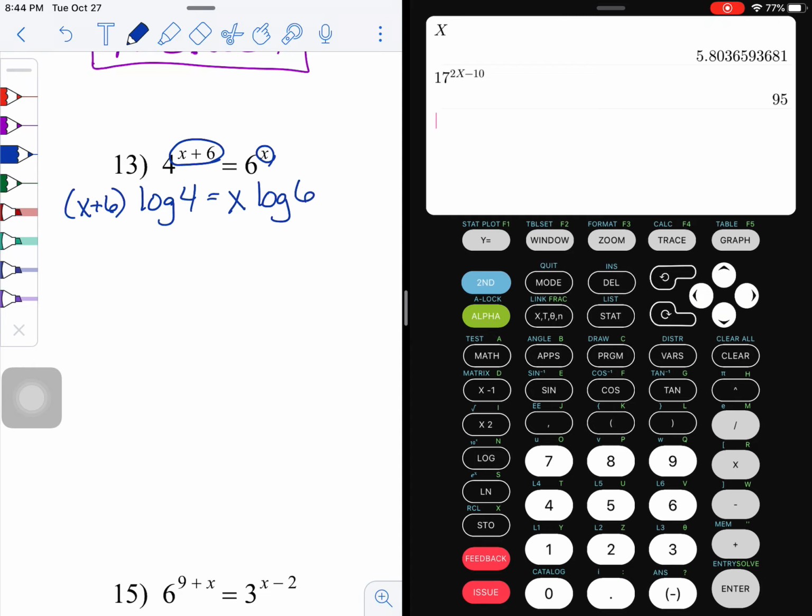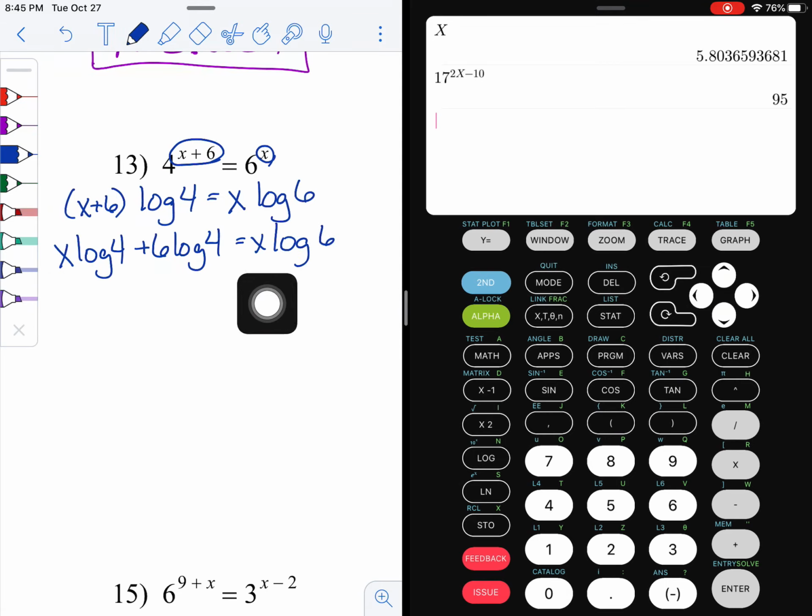Now, the problem is we've got variables on both sides, and I'm not a huge fan of that. So what I want to do is be able to collect all my x's on one side. In order to do that, though, I need to distribute this left side. So we're going to have x log 4 plus 6 log 4 equals x log 6.